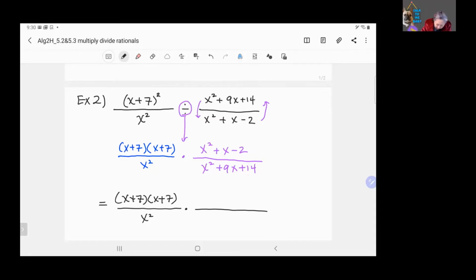The numerator of the divisor is x and x, and 2 and 1. Since I have to make a positive 1 in the middle, it's plus 2 and minus 1.